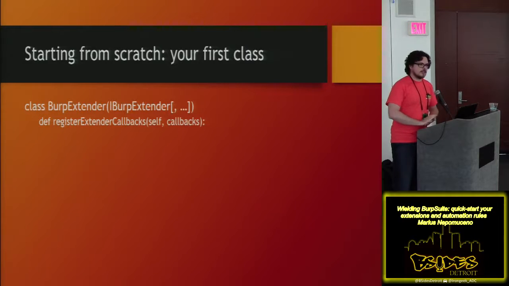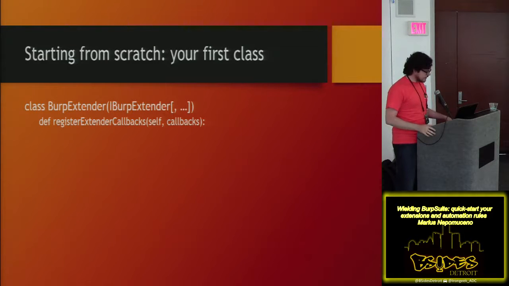Second thing you're going to write, define a function called registerExtenderCallbacks. And that function takes self as well as a variable called callbacks. All of these names that you see, class BurpExtender, def registerExtenderCallbacks, you have to have these names. You can't just give the BurpExtender class its own name because the BurpSuite API calls for that name.